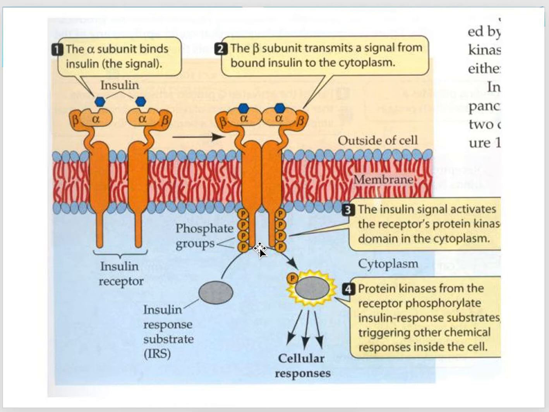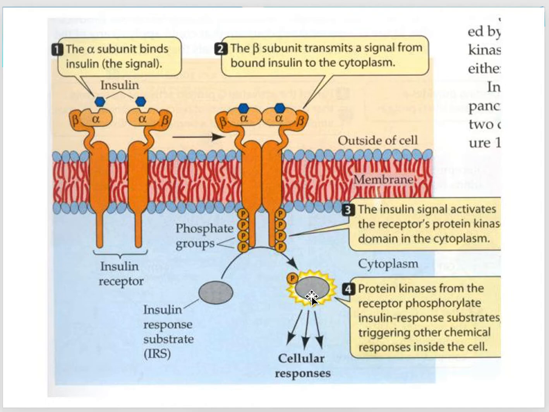Once the receptors are activated, they can activate some substrates. There are some substrates in the cytoplasm called insulin response substrates, IRS. The IRS get activated and instigate some cellular responses, which eventually tell the cell that you now have to absorb glucose from the blood.